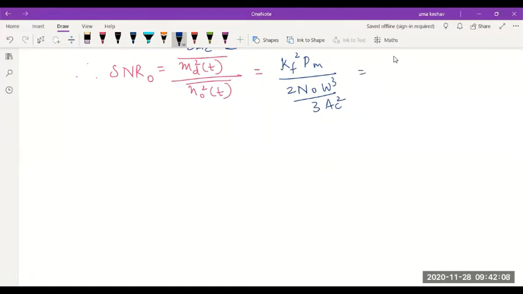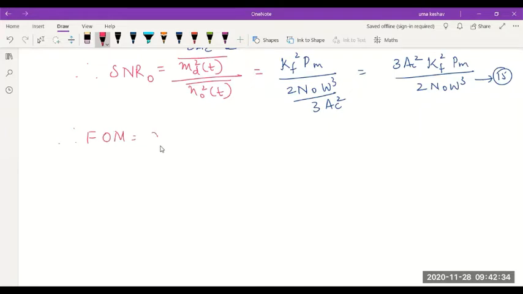So if I simplify this, what will I get? This 3 AC square can go on top. 3 AC square kf square pm divided by 2 N0 into W cubed. This is the expression for SNRO, right? Therefore, what should I find? Figure of merit.